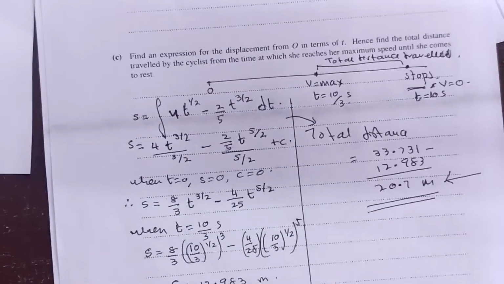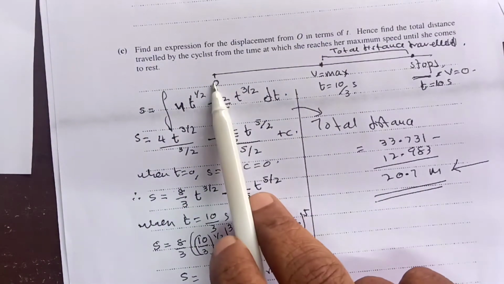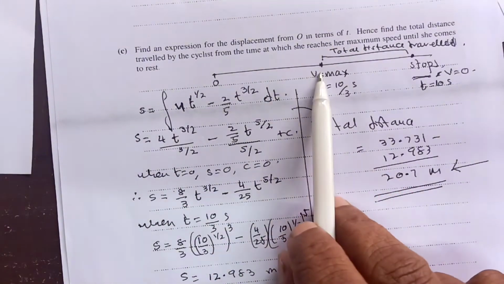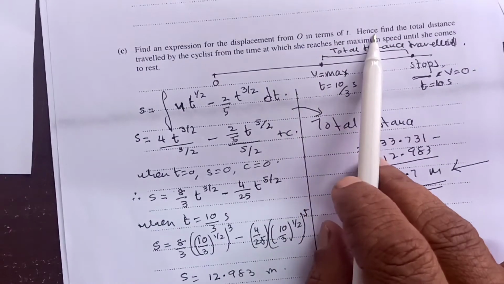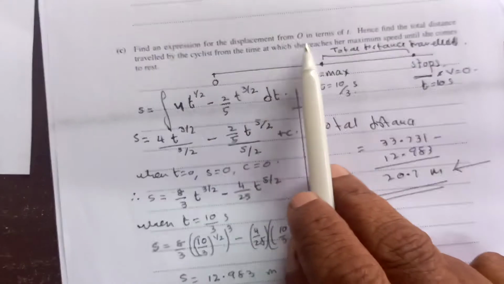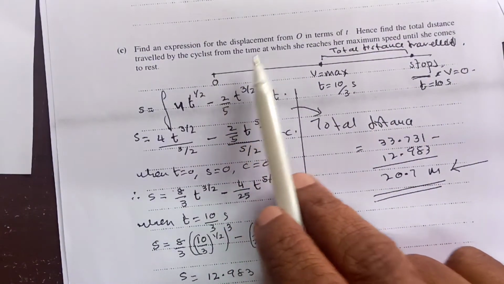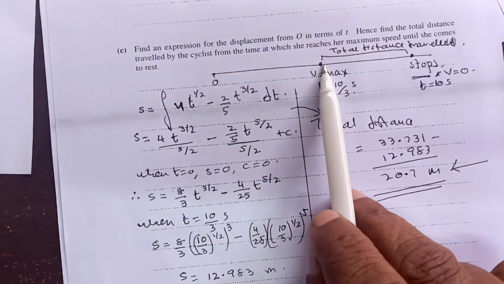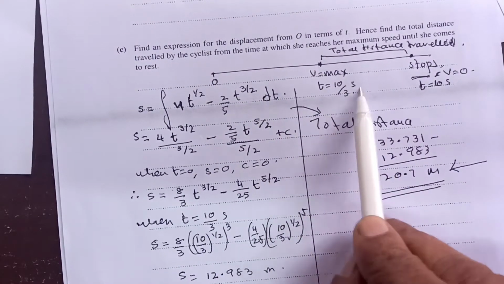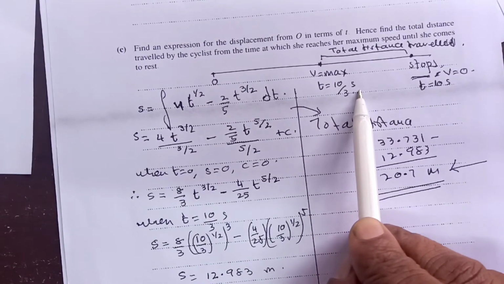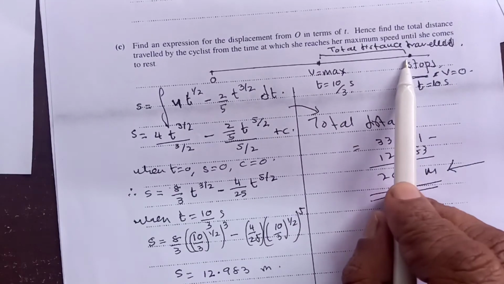Okay. Now there is part C out here. Find an expression for the displacement from O in terms of t. Hence, find the total distance traveled by the cyclist from the time she reaches maximum speed, here at t is equal to 10 upon 3 seconds, until she comes to rest. Find this distance.